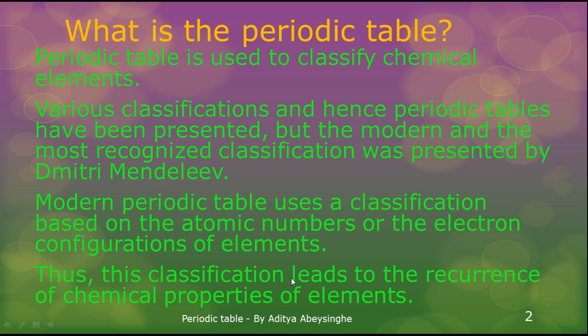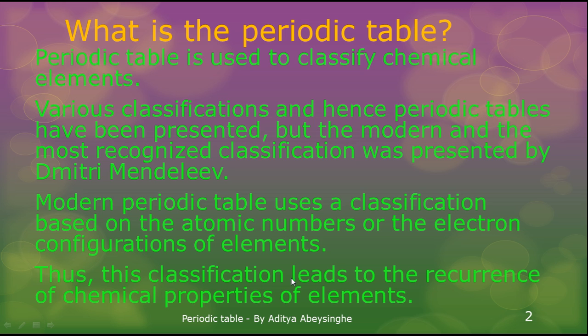However, oxygen has a configuration of 1s2, 2s2 and 2p4. So the only thing that differs oxygen from carbon is that two more electrons are filled to the 2p subshell.